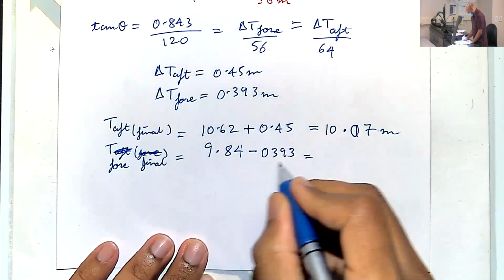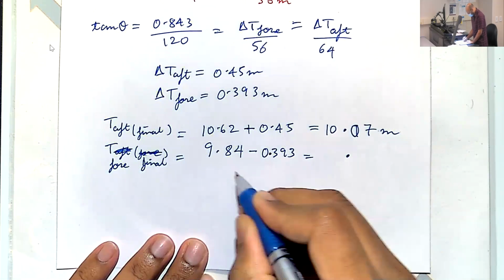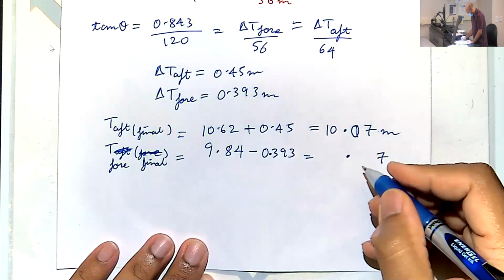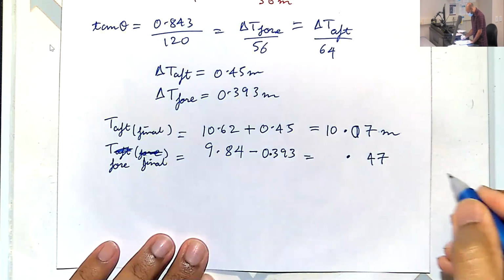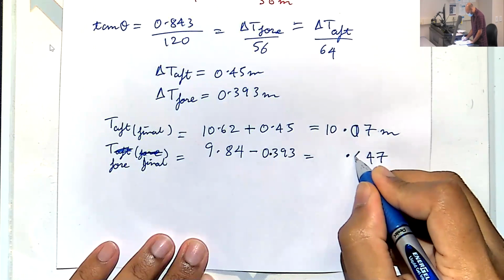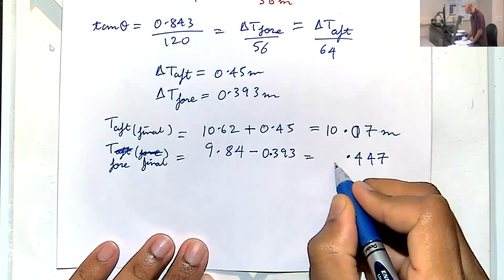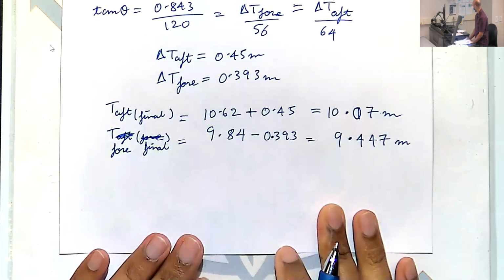Then 10 minus 7, 13 minus 9 is 4, 12 minus 8 is 4.